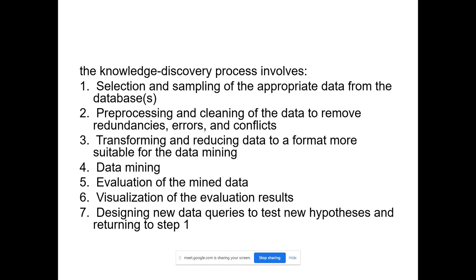So selection is important. Selection and sampling matter because in a database we have a lot of data. And you have to do the data mining, of course, but you cannot take all the data. You do not have the resources for the analysis of all that data either.